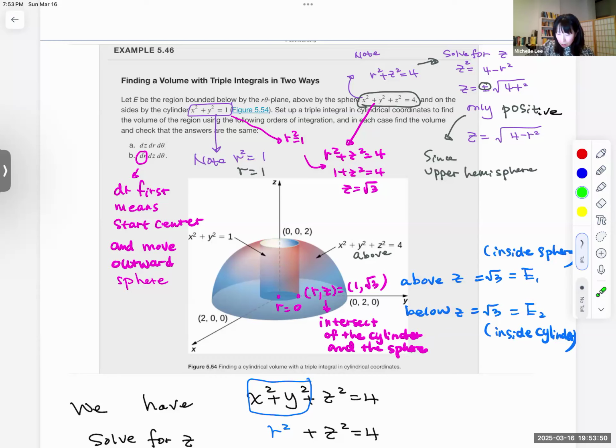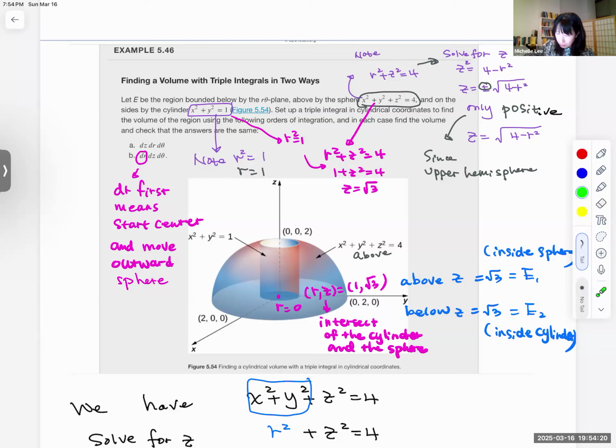But then we have r, so I want to move r, since r equals 0 here, r equals 1 approximately here, right? Or 1, and then I want to make it a little bit up, a little bit up is better. So square root of 3, right? Yeah.